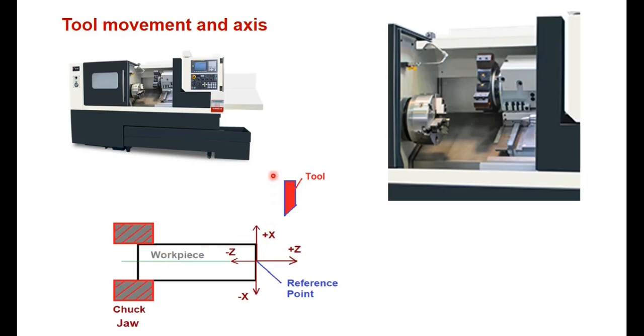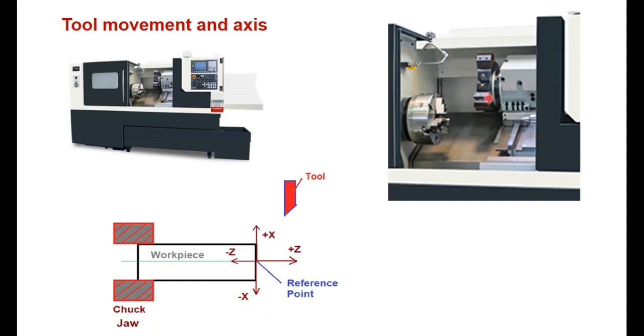The tool is up, in front of the workpiece. So what will be the notation for the axes? From the center towards the tailstock side it is plus Z, towards the chuck side it is minus Z, towards the tool it is plus X, away from the tool it is minus X.